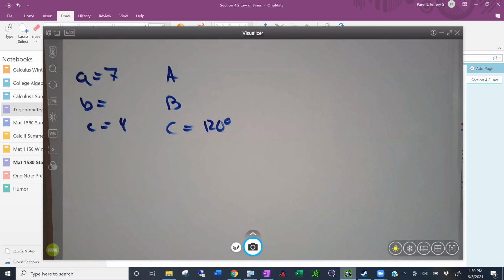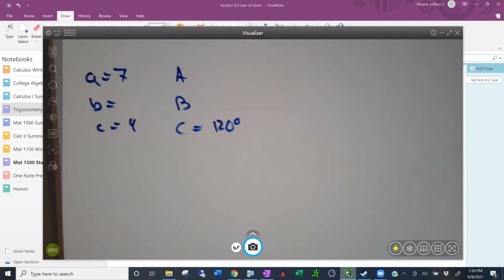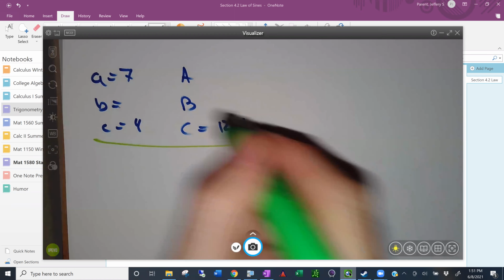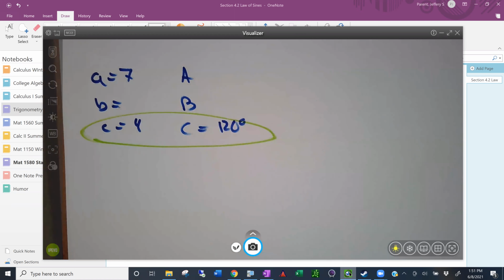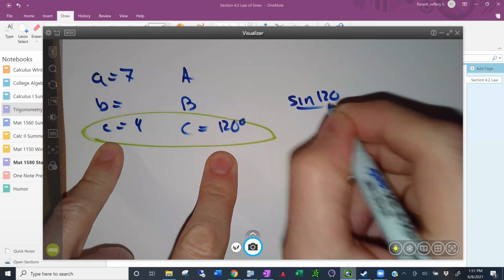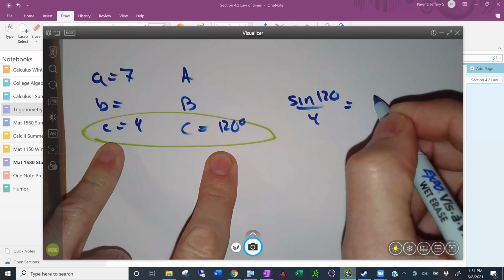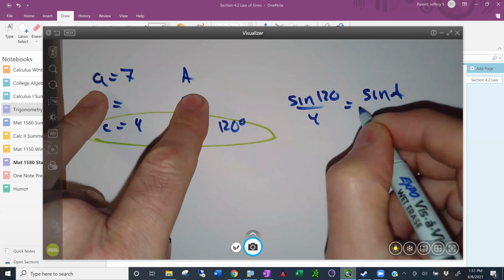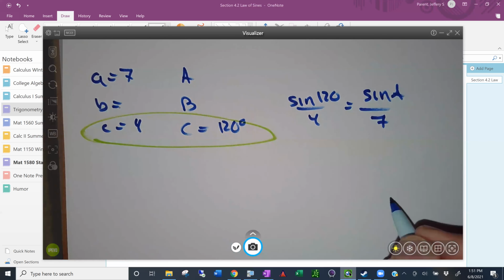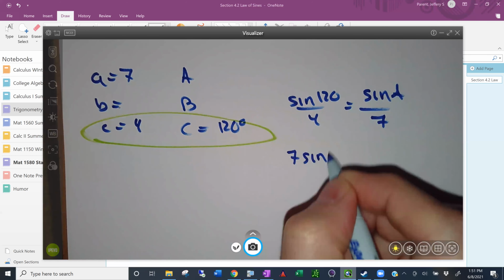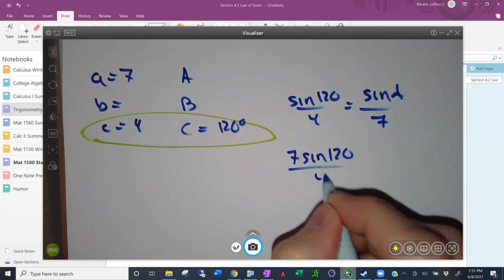So we have what we need to use the law of sines, and that is an angle and opposite side pair. So we dutifully set it up. This would be our first one. We'll do sine of 120 over 4 equals sine of A, which we don't know, over 7. So I'll multiply both sides by 7 because I want to get the A by itself, and I can start it that way.